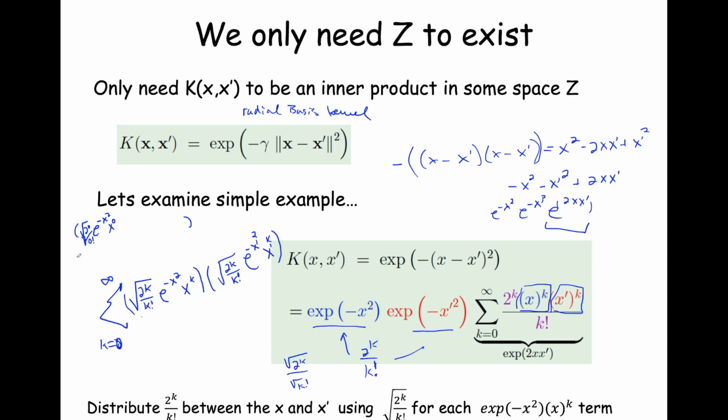And then you have another term here, that's for the k equals 0 term, radical 2 to the 0 over 0 factorial, e to the minus x prime squared, x prime to the 0 power. So this would be for k equals 0. We'd have another term for k equals 1. I won't write that out.